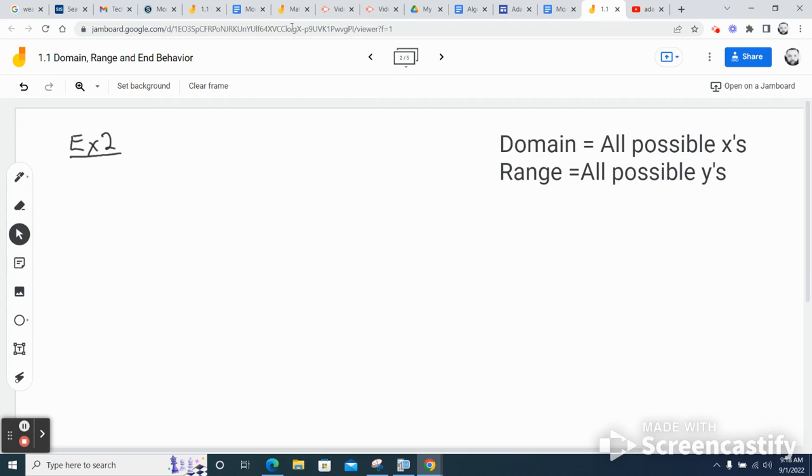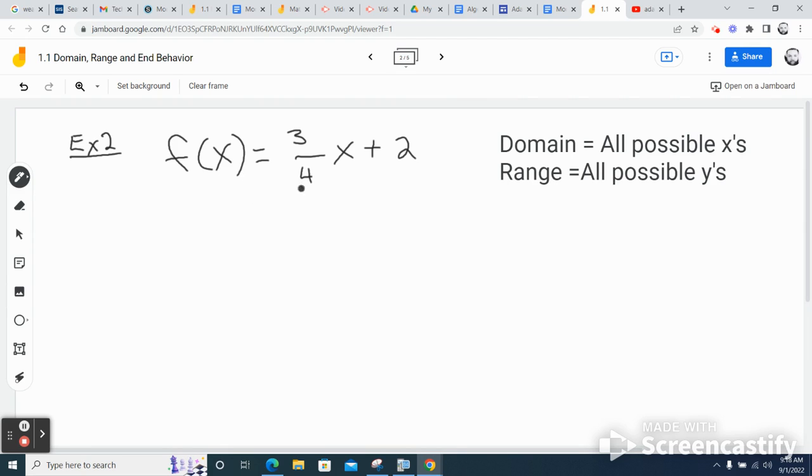So for example number 2, they're giving us a function. F of x is equal to 3/4 times x plus 2. So it's 3/4 times x plus 2. Okay?